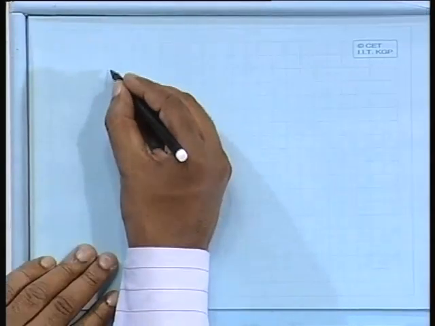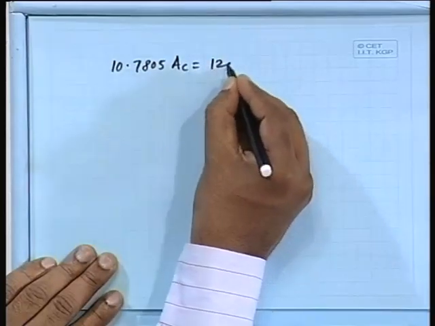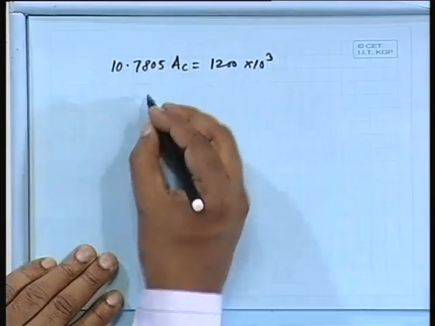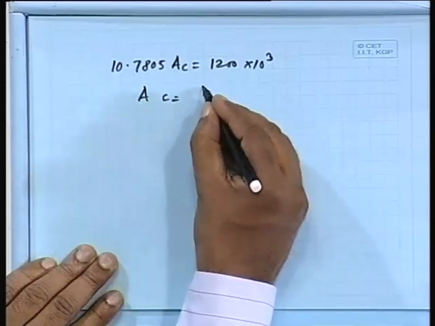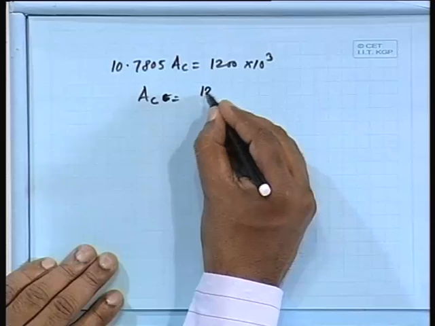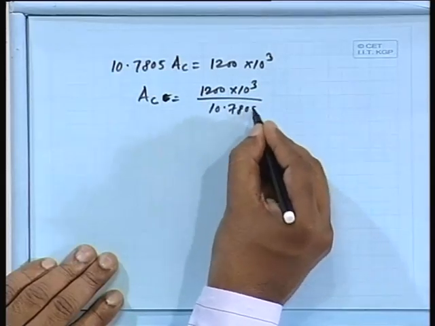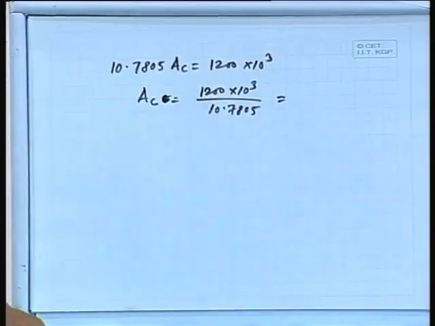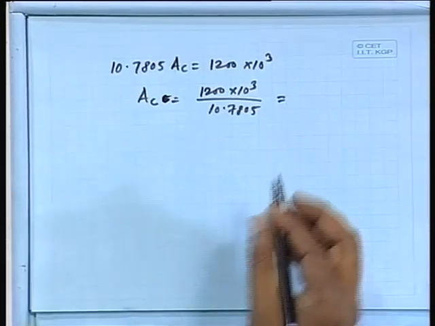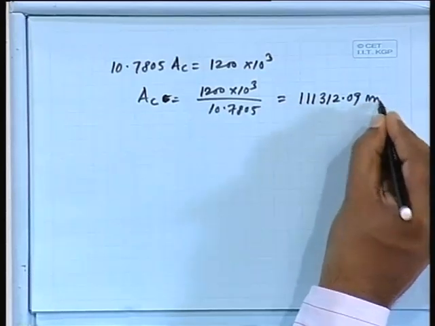Therefore AC equal to 1200 into 10 to the power 3 by 10.7805, which equals 111,312.09 square millimeter.